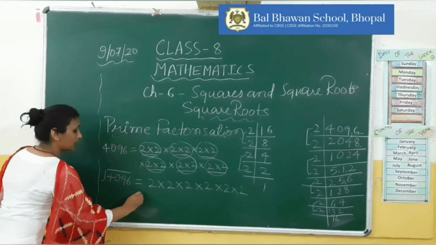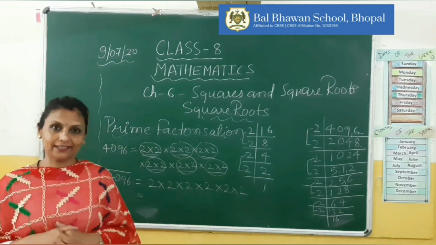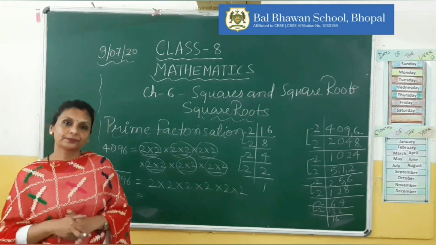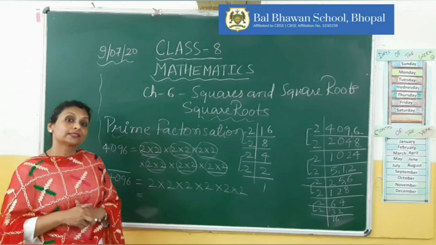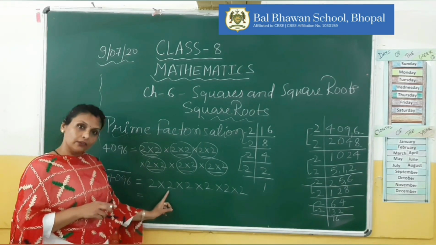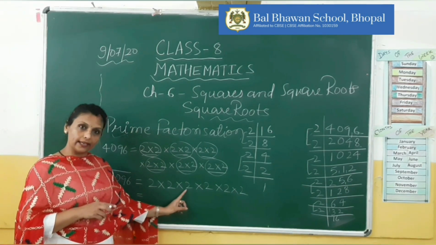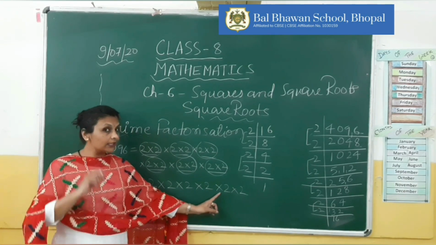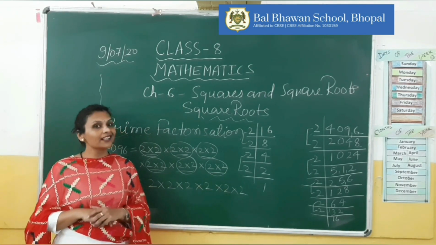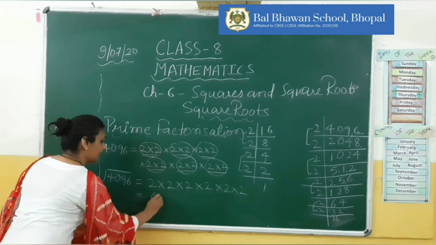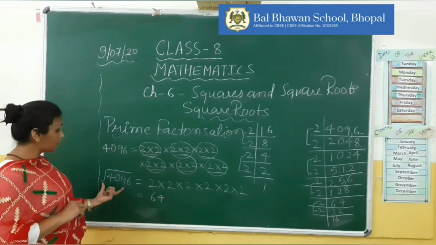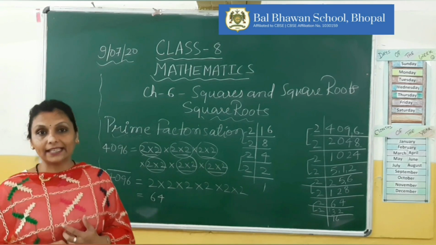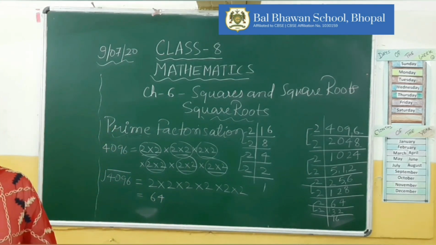So what will be the product? Come on, tell me. You calculate. I am giving you time. Yes. 2 2s are 4. 4 2s are 8. 8 2s are 16. 16 2s are 32. And 32 2s are 64. Yes. So square root of 4096 is 64.